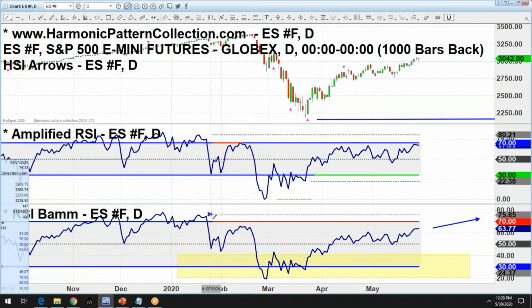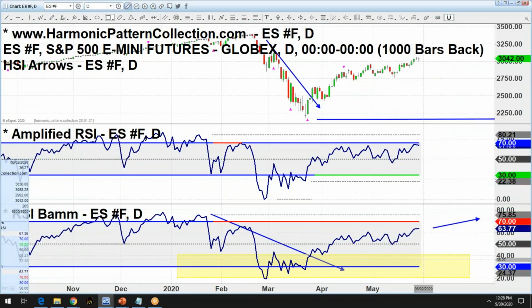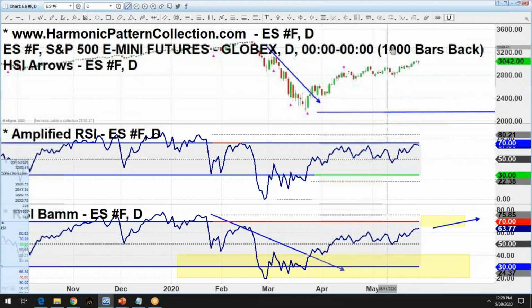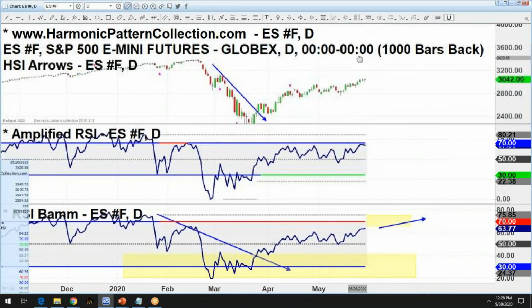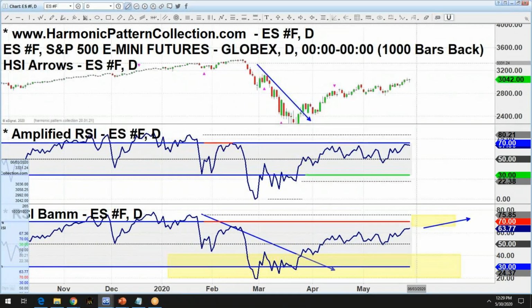On the bottom here, a complex structure has broken out. If we're really looking for a sell signal, where that whole amplified RSI BAM and the amplified will confirm, it's up here at higher levels, pretty close to the all-time high. Our current target is 3280. That's the 886.